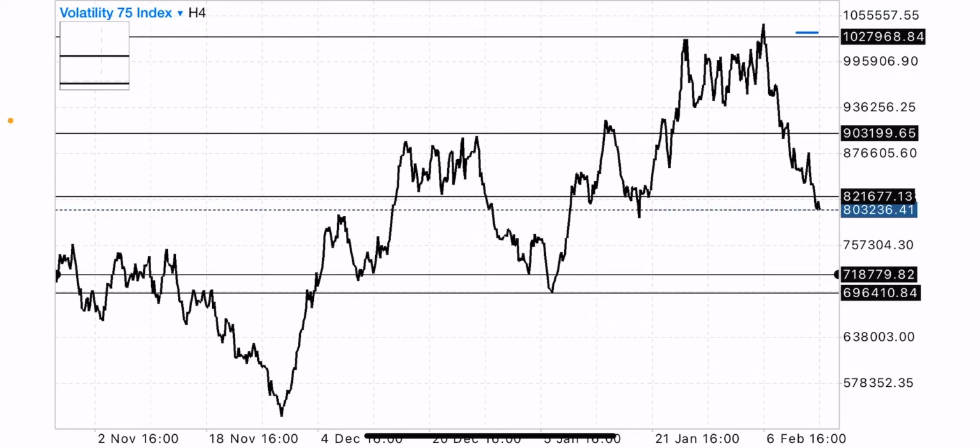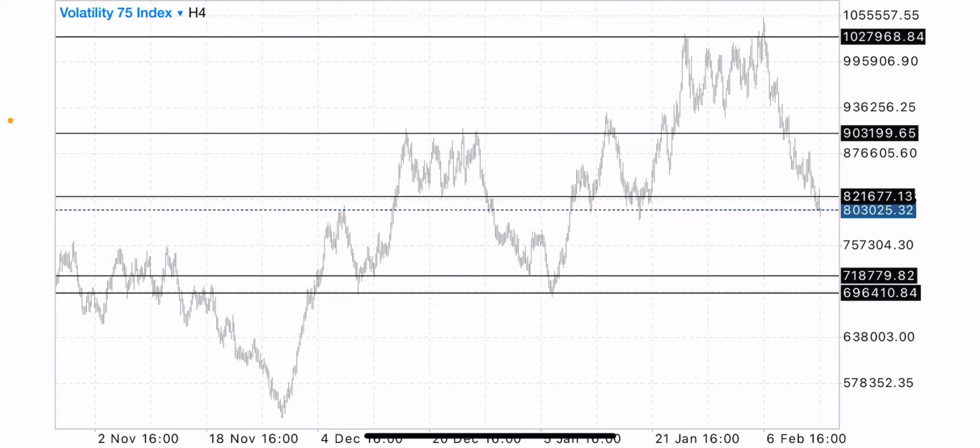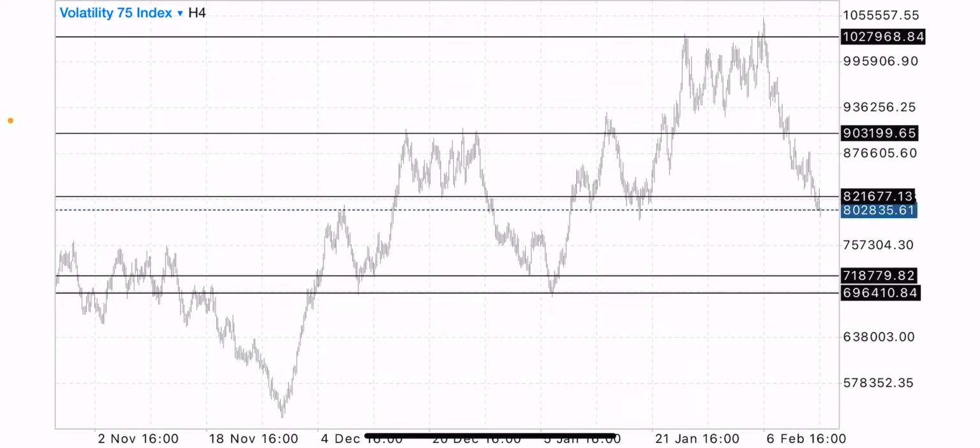It's advisable to use line charts to identify levels, because it will give you the full market movement and you see the chart clearly. Now we have identified our levels, and you can see we have our levels set here. We know that the trend of the market is a downtrend.